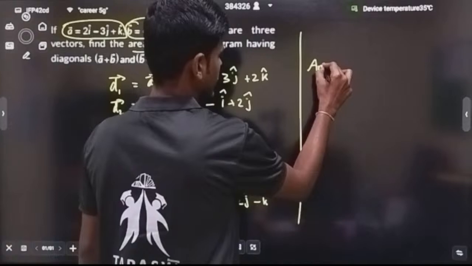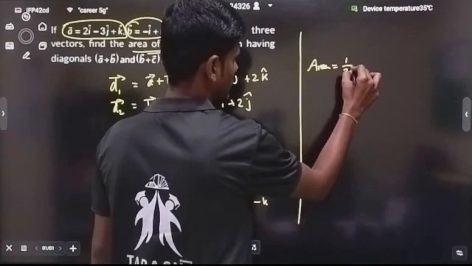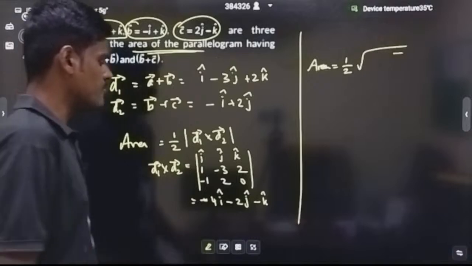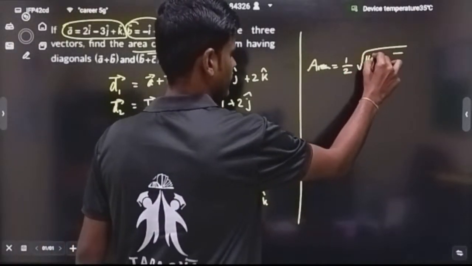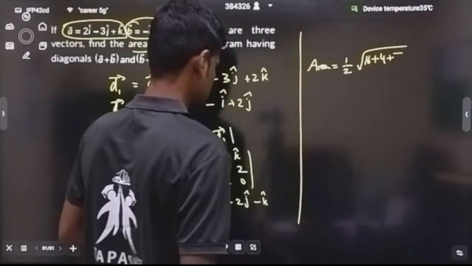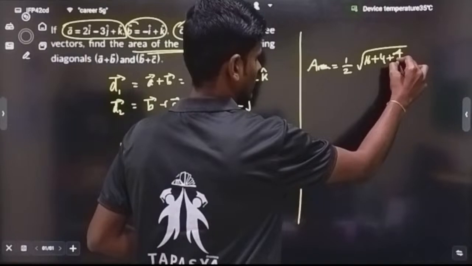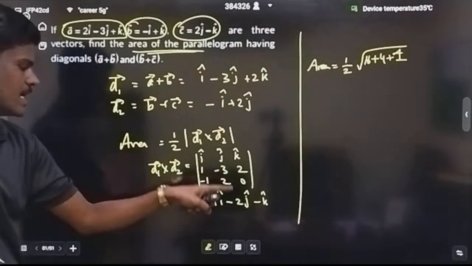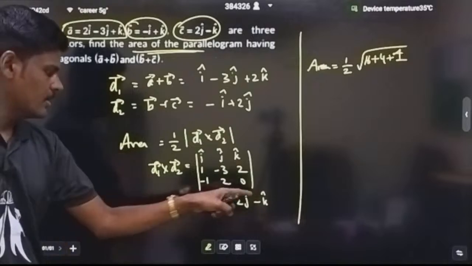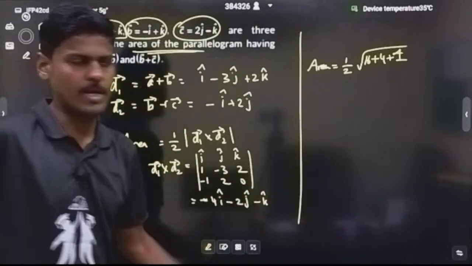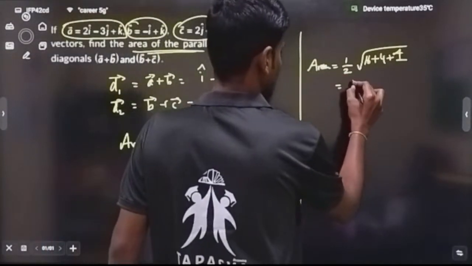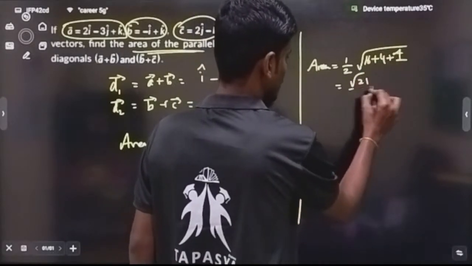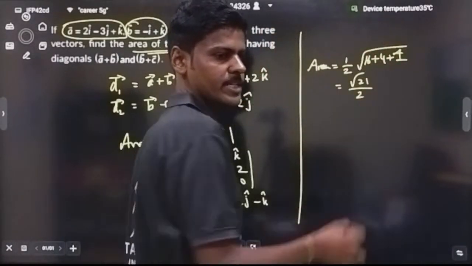We can directly write the area now. Area is equal to half of modulus of D1 cross D2, that is square root of 16 plus 4 plus 1; minus 4 square is 16, minus 2 square is 4 and minus 1 square is 1. So what is the required answer? This is equal to square root of 21 divided by 2 square units.